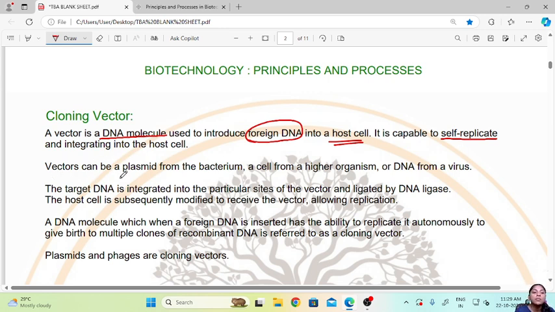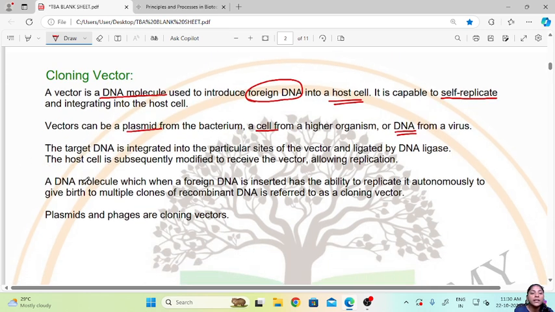Vectors can be a plasmid from a bacterium or a cell from a higher organism, or it could also be DNA from a virus. Now the target DNA is integrated into particular sites of the vector and ligated using the DNA ligase enzyme.